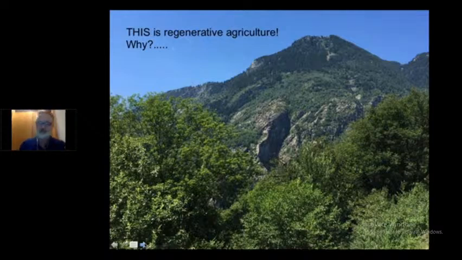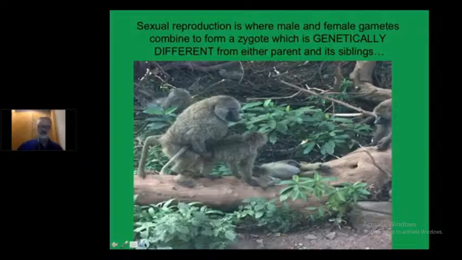Sexual reproduction, of course, is where the male and female gametes combine to form a zygote. And this is part of the magic of why sexual reproduction is so cool: we get genetically different offspring. That is key for us when we are living on a dynamic planet. The seasons are never the same. They may fall within certain norms.